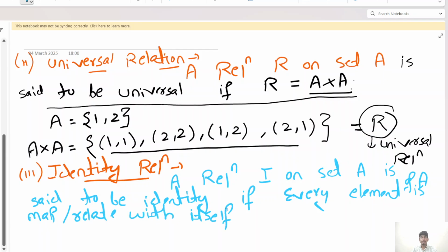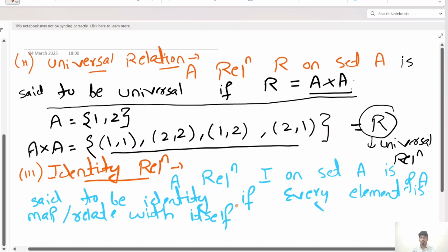Here one keyword is "only". One is "itself" and one is "only".